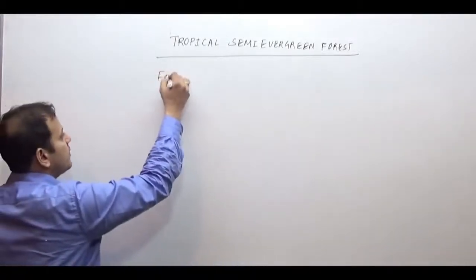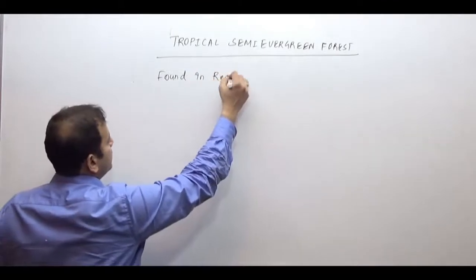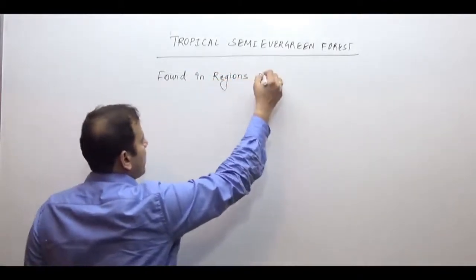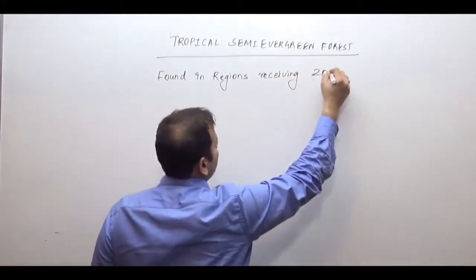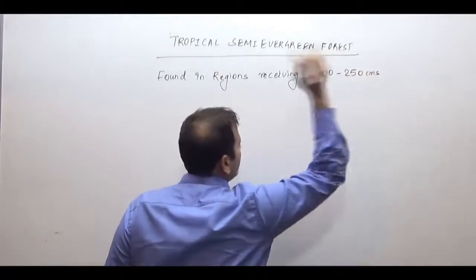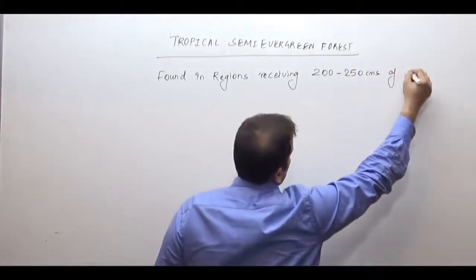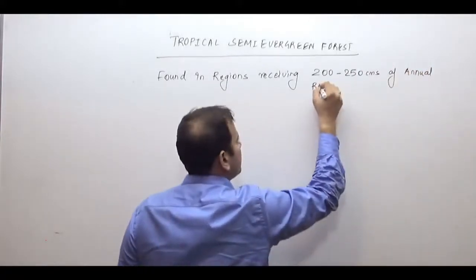So these forests are found in the regions receiving around 200 to 250 centimeters of average annual rainfall.